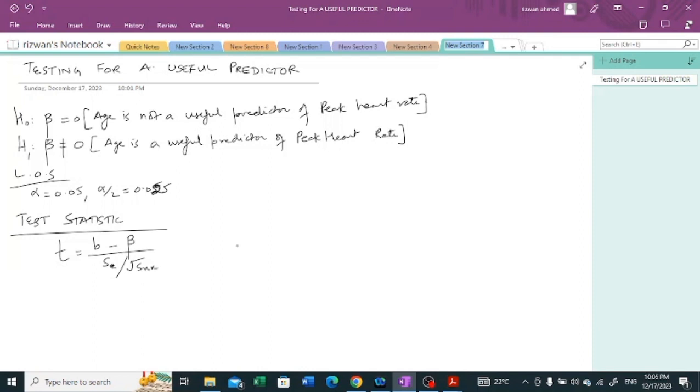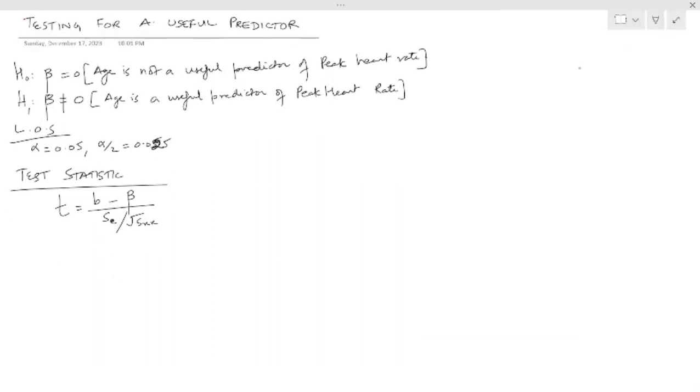Now I'm going to write down the formula for these two components separately, and how we compute SE and how we compute SXX.